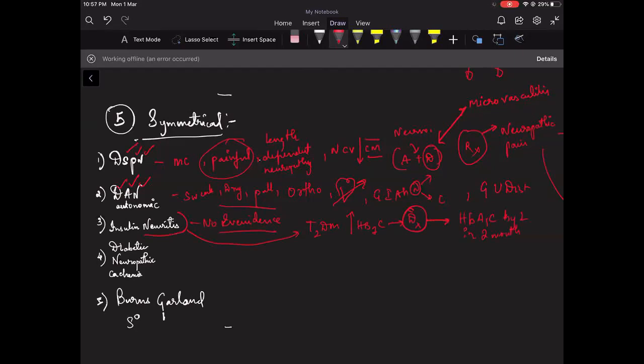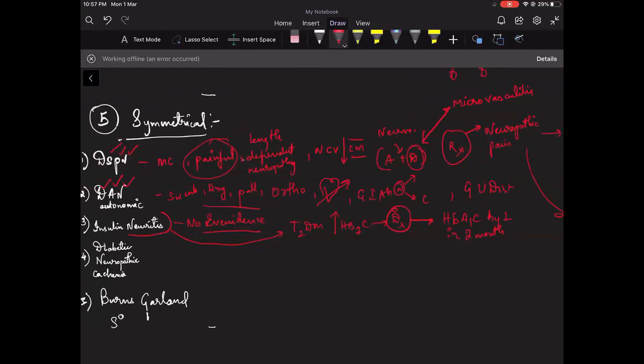So then we will see this kind of picture. Here it involves only symmetrical distal polyneuropathy, but the patient will also complain of pain.